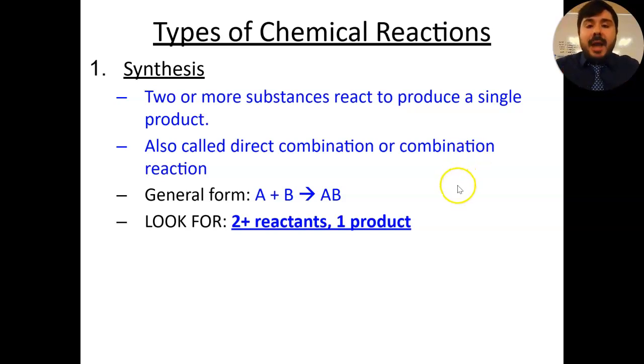If you are looking at a chemical reaction or chemical equation and you see 2 or more reactants forming only one product, that is what you should be looking for to help you find synthesis reactions, okay? So again, look at this general form. General form has got A plus B. That's 2 reactants reacting together to form only one product. So what to look for in a synthesis reaction: 2 or more reactants forming one bigger product, okay?